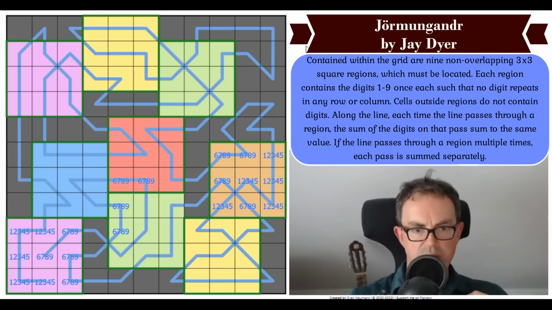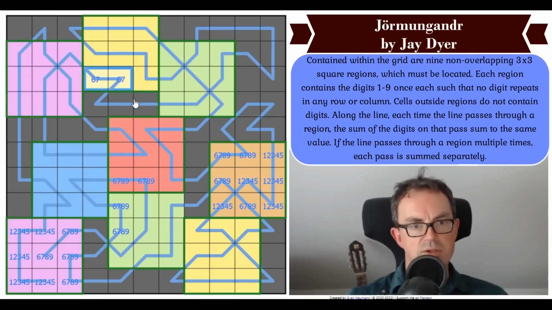What else have we got here? So this one is a 3, a 3, and a 3. Oh, that's very dull. This is a 2, a 3, and a 4. This is a 3, a 3, and a 3. This is, that's a 2. So that's 6, 7, 8, 9.